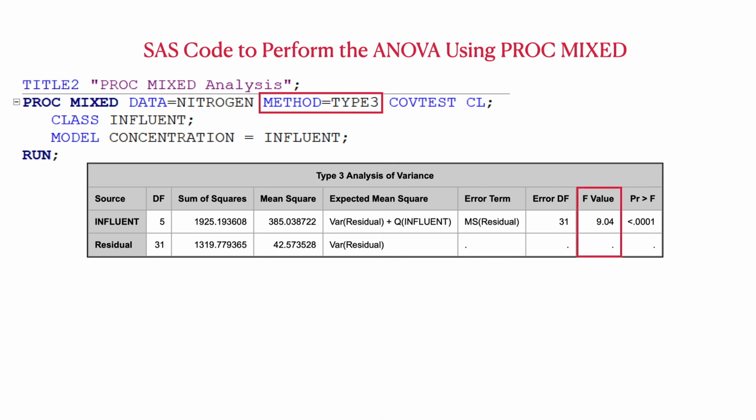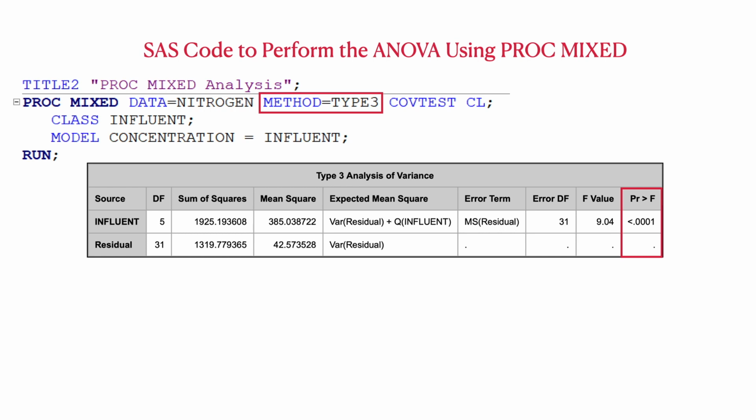The F value for this test is 9.04, which is the same as we obtained before, and the P value is less than 0.0001. Now, what is being tested by this F value? What is being tested by the P value?